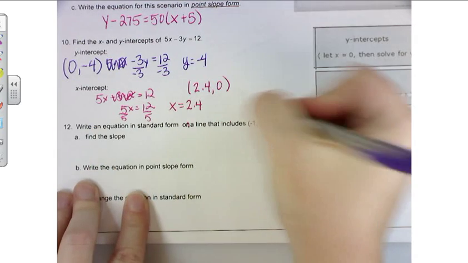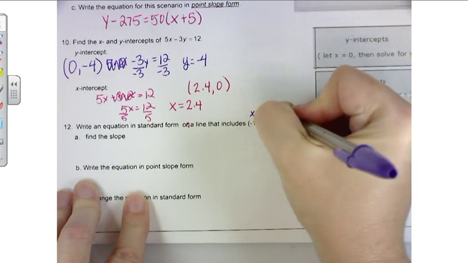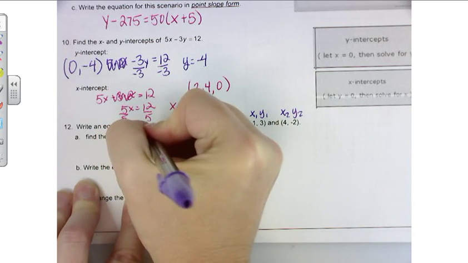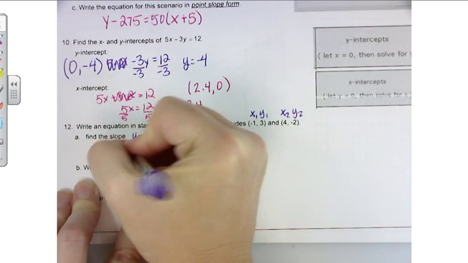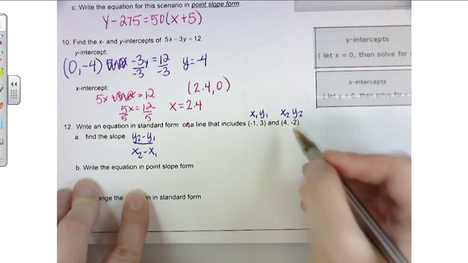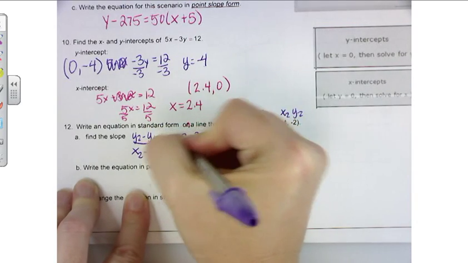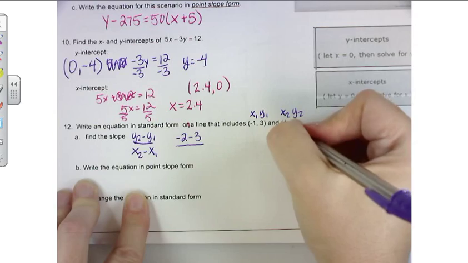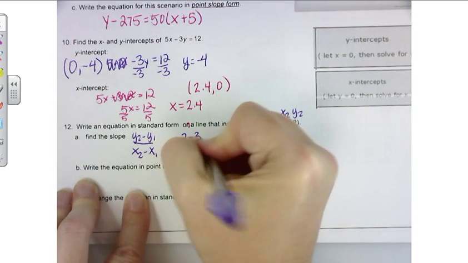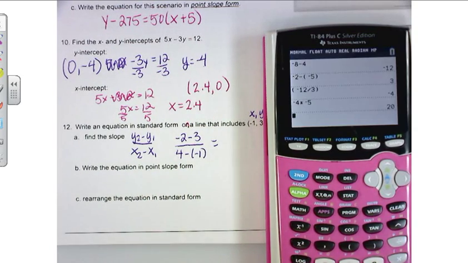So, again, label x1, y1, x2, y2. Let's set it up. I always write the equation. Been doing this for a long time. You'd think I'd know it by now. I do. It just helps me. Okay, so now I'm going to go -2 minus 3 over 4 minus, I'm going to do my parentheses -1, because Miss Rooney doesn't do negative numbers.